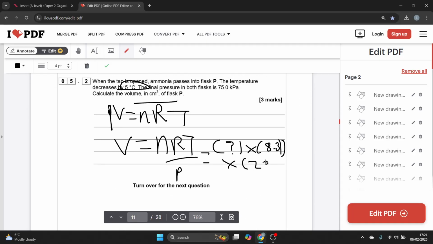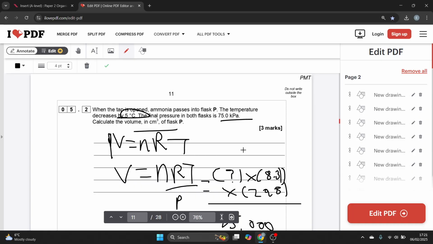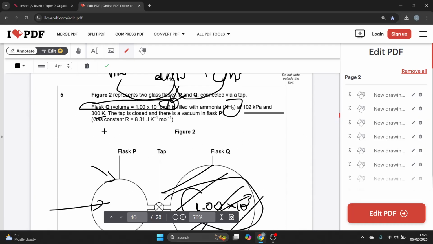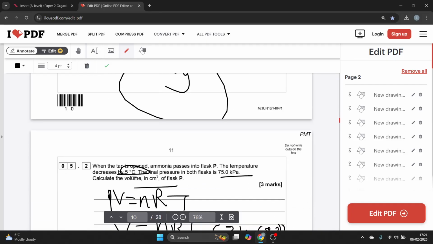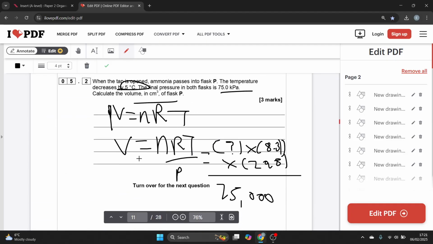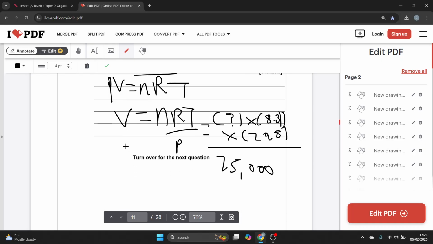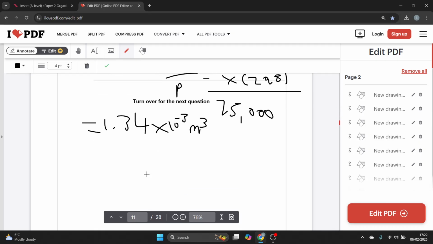So it's 295 divided by the pressure in pascals, which is 75,000 pascals, and the number of moles. That will give me the total volume of flasks P and Q. To find the volume of flask P, I take whatever I get from here, which is 1.34 times 10 to the power minus 3, and volume is measured in meters cubed in the ideal gas equation, so that's fine.